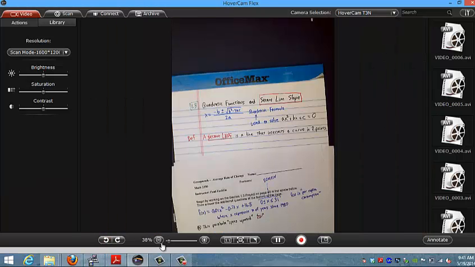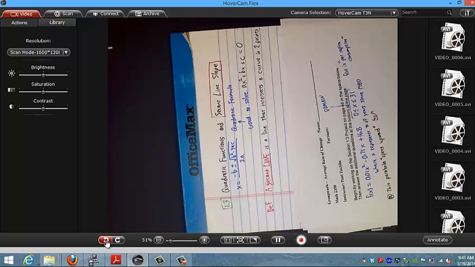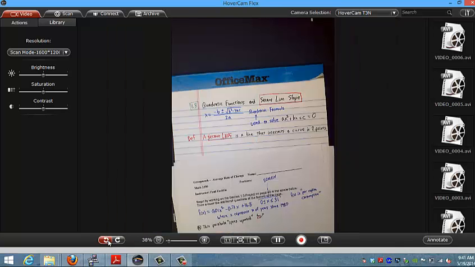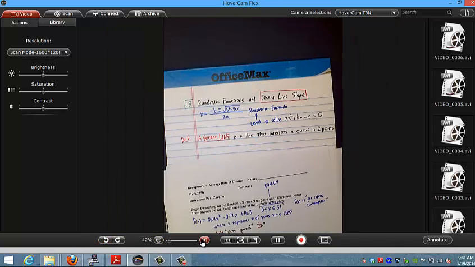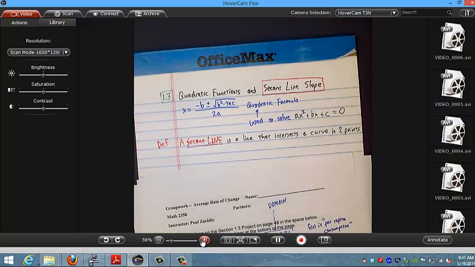Whoa. Well, I just did. A secant line is a line that intersects a curve in 2 points.